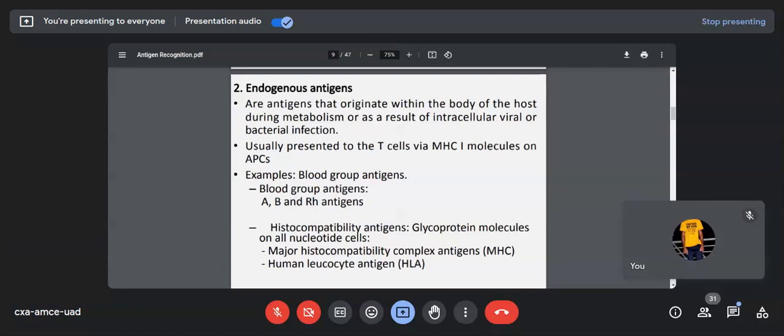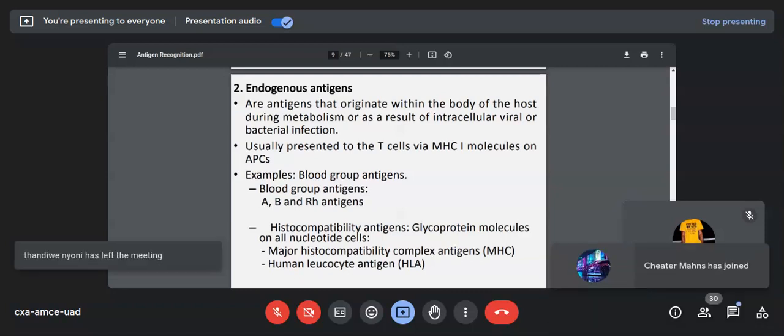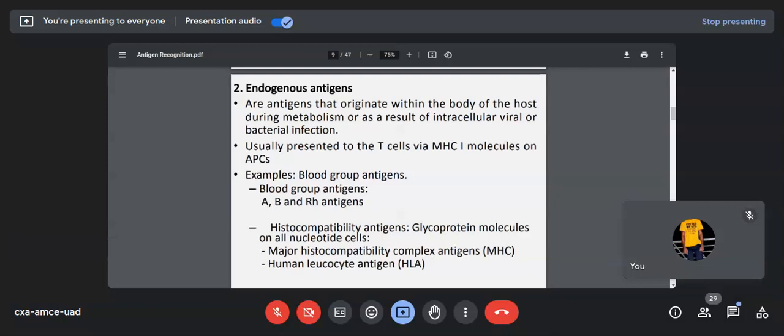Remember, I talked about MHC class 2 for exogenous, but endogenous antigens are presented using MHC class 1 molecule. Take note of that, and I'll explain to you what an MHC molecule is. So they are presented using what?